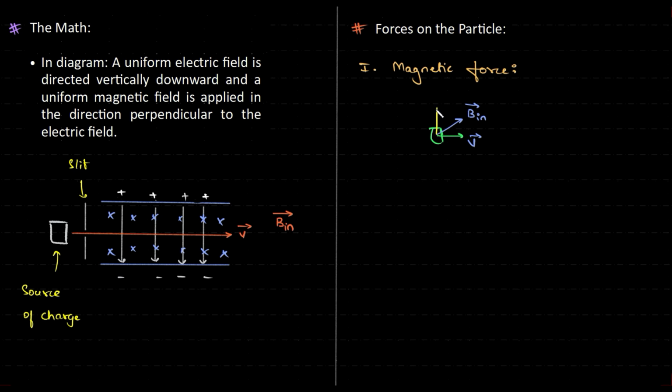Because of this, the charge will move upward. Force because of B is given by Q V cross B.